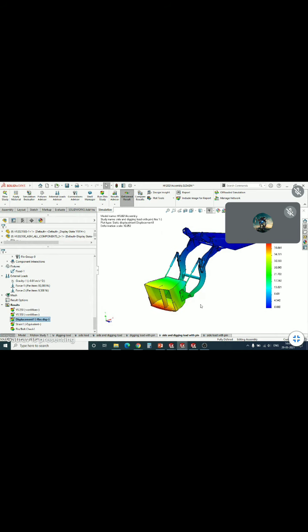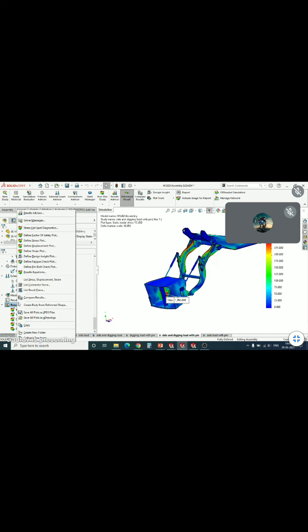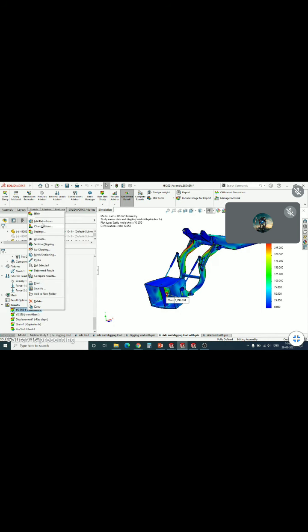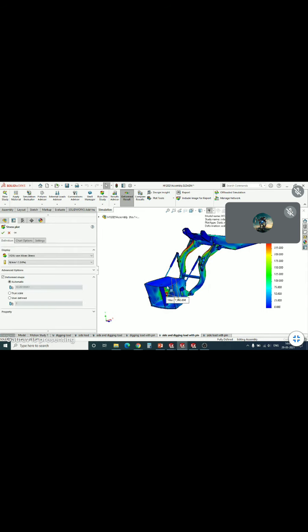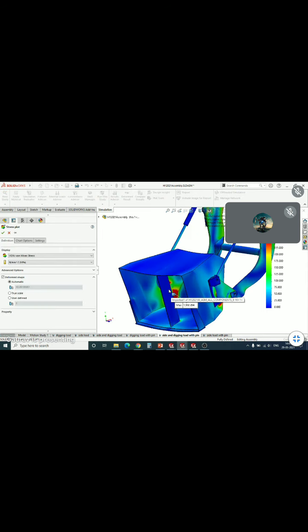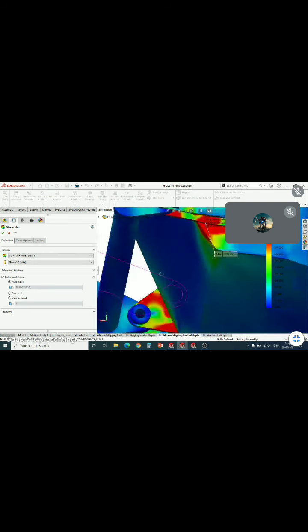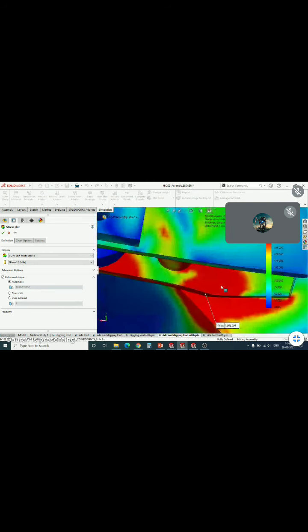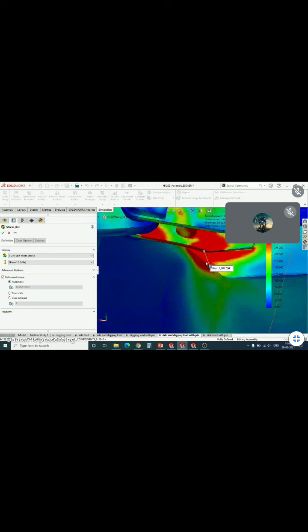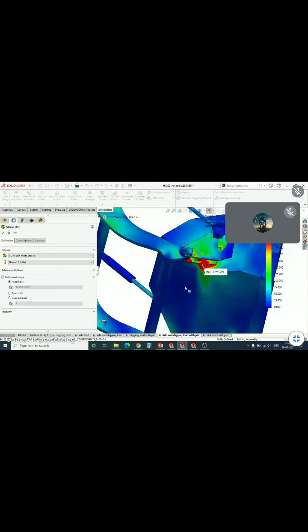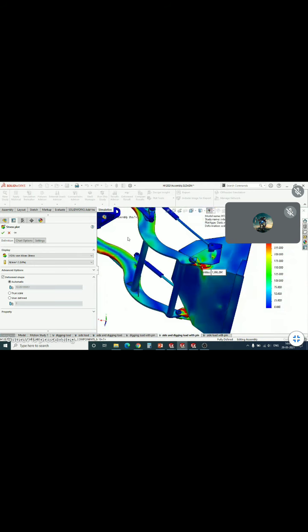From this you can identify where the maximum stress is coming, right? As in this case, if I showcase you, the maximum stress what I'm getting is 2000 MPa, which is at this bracket. If you look very closely, in the rest of the area, it is pretty much within the yield limit.